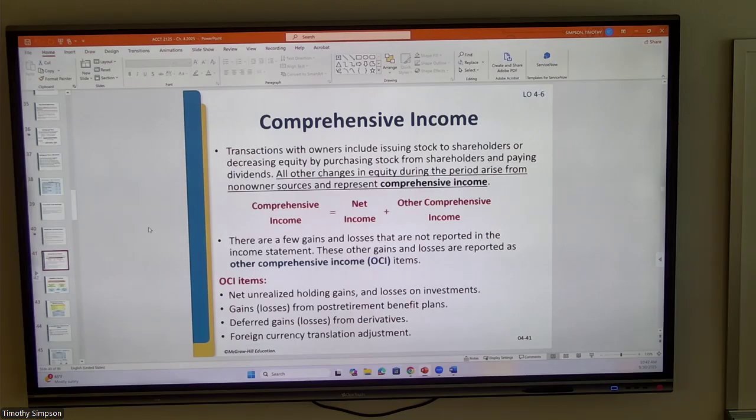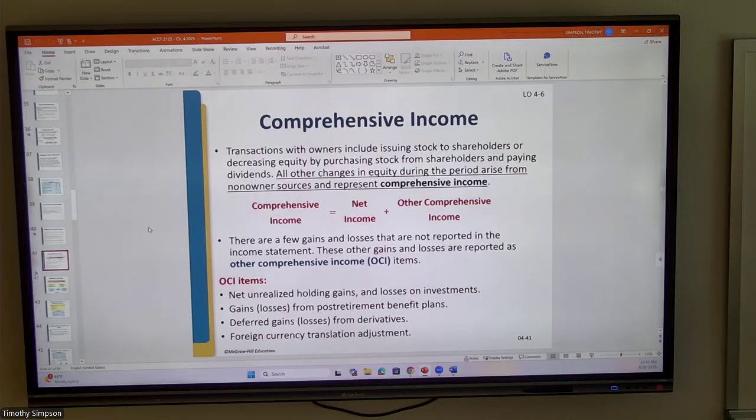This is an area that wasn't really covered all that much back in my day, but it's become a more important topic. Comprehensive income is basically the idea of capturing all income that is flowing into the company, whether it's due to normal operations or something else.